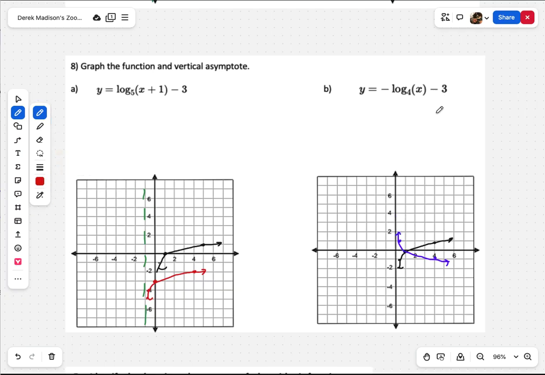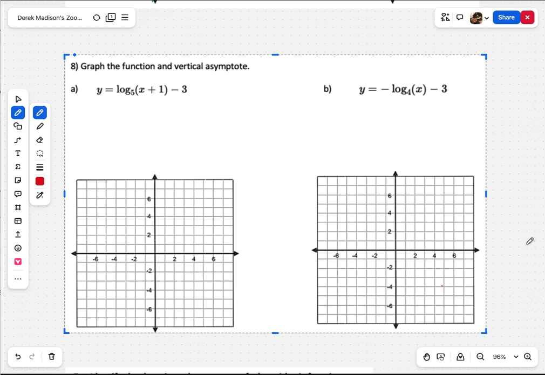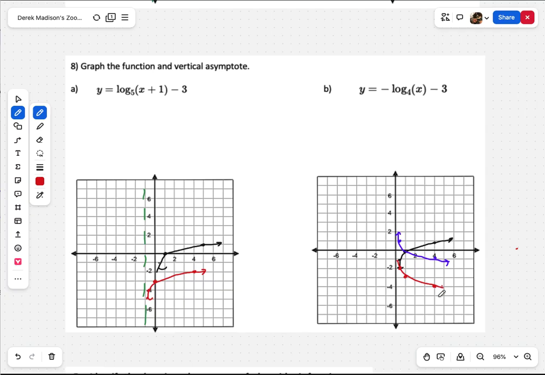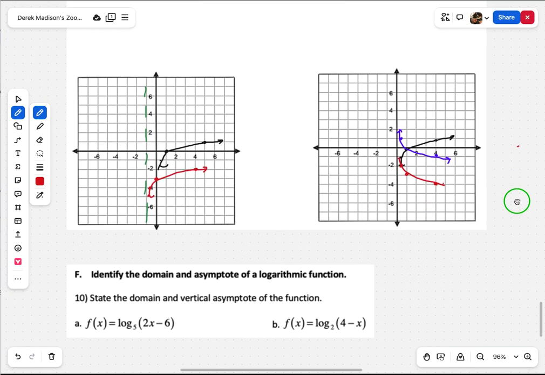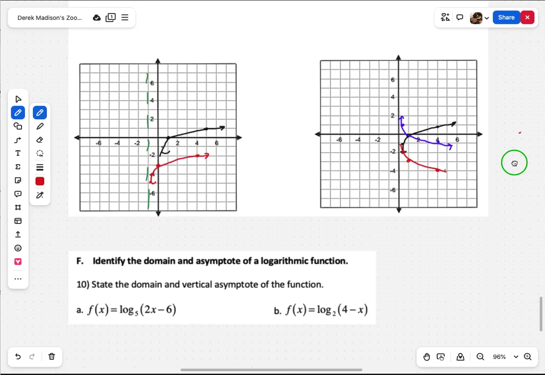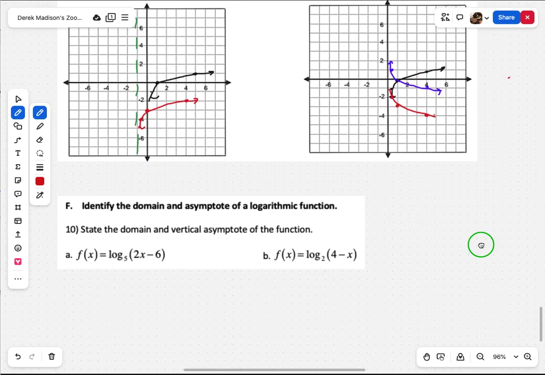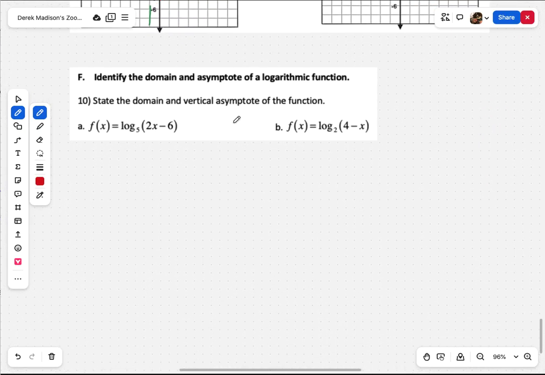And then we're going to take that and shift it down 3 units. So I'll just take each of these points and shift them down 3. And then that would be our transformed function. So same basic transformations we've been doing all quarter. A little bit harder function to draw, but same basic information.